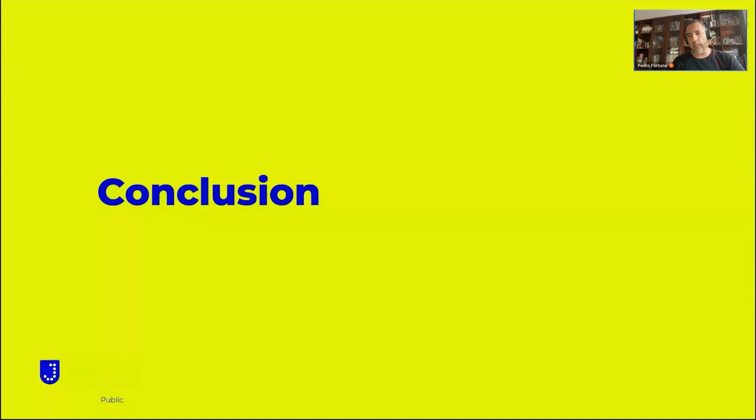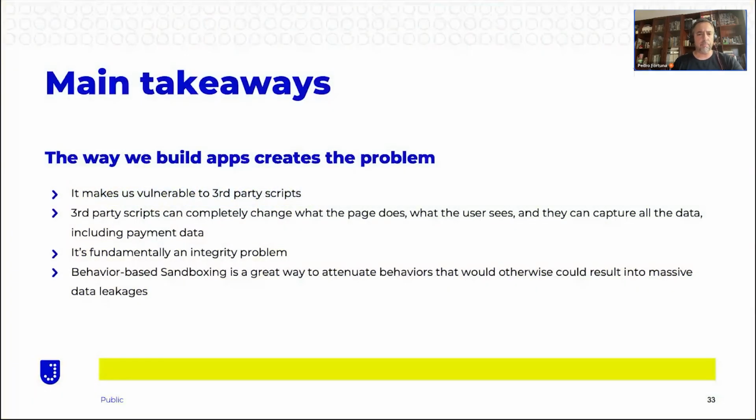We had more examples, but to be conscious of time, we'll advance to the conclusions. The whole problem of skimming or data leakage on the client side in general originated from the way we build applications. Applications are inherently vulnerable to their supply chains.